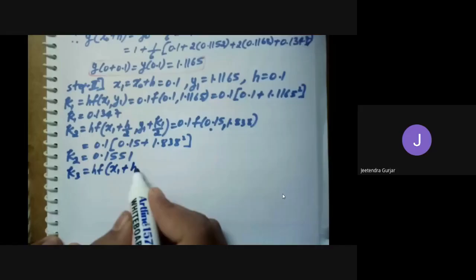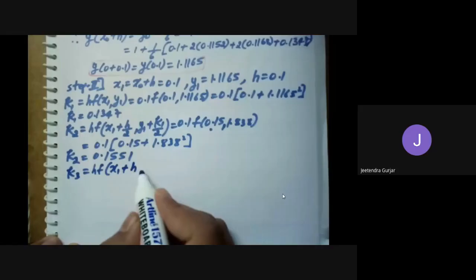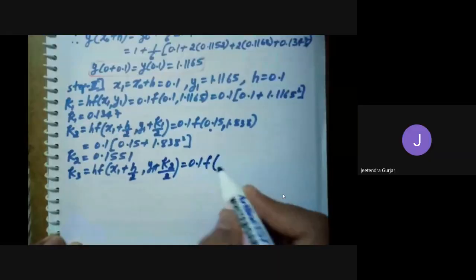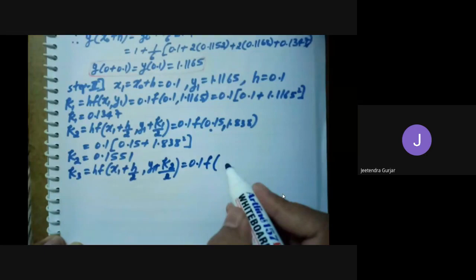x1 what we have here is 0.1, plus h upon 2. When you substitute we get here 0.15. Similarly, y1 what we have here, students? It is 1.1165. K2 is 0.1551 divided by 2.